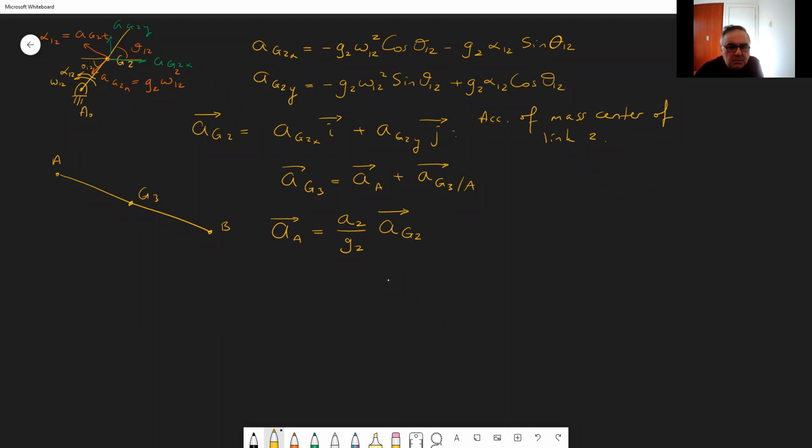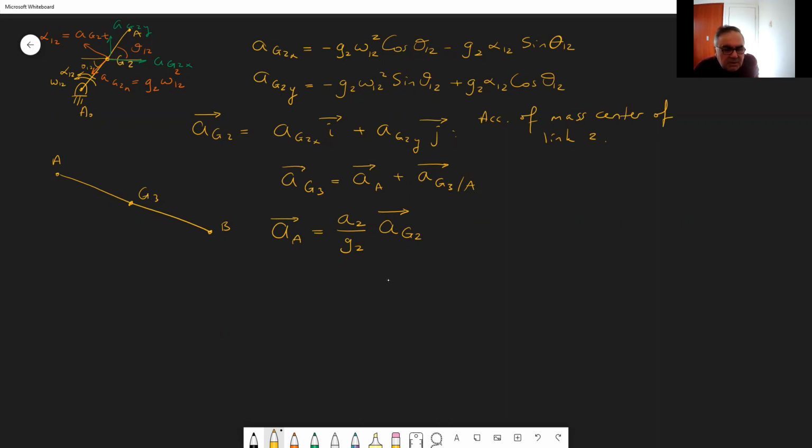AG2 is here. Okay. These are the X and Y components. I'm just going to change these G2 terms with A2s. That's all I'm going to do because it's just further distant. This is point A, as you see. So the acceleration of A is acceleration of G2 scaled with A2. So you can write it simply as here.